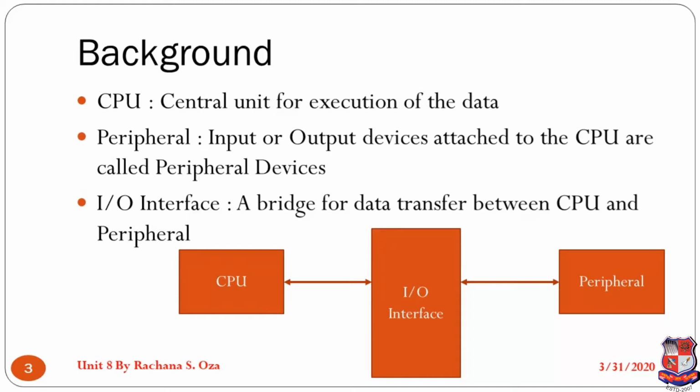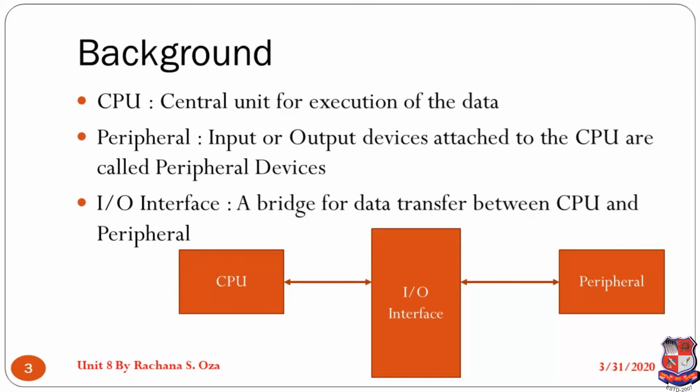Now CPU is the central entity for executing the user's program. All the instructions will be executed inside the CPU. Sometimes all these instructions that CPU is executing cannot be available or stored inside the CPU. Thus we need to read or write some programs from the CPU.